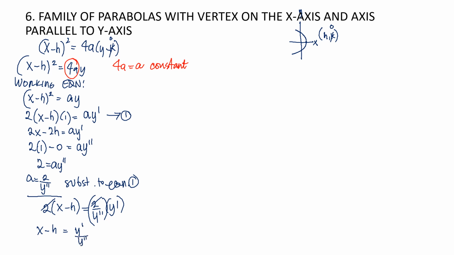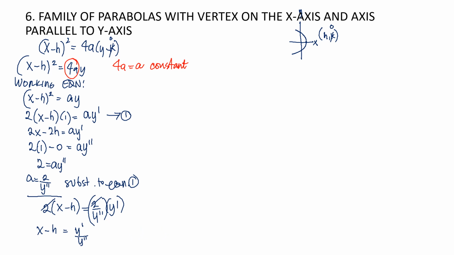We can cross multiply, so we can put our y double prime on top. So this will be y double prime multiplied by x minus h. So I think we still have a constant h.